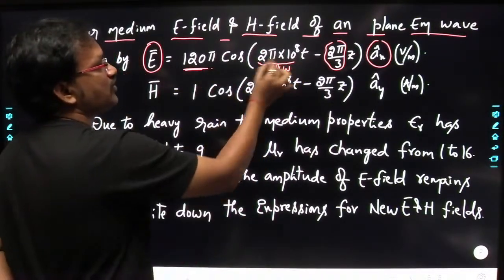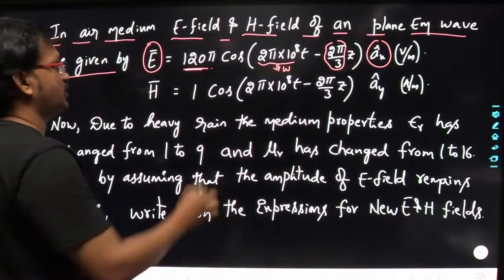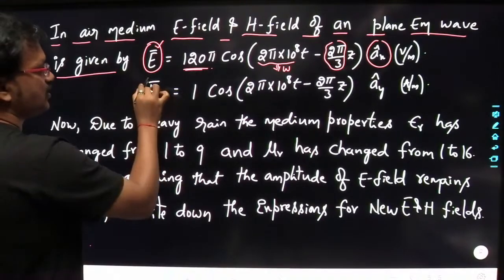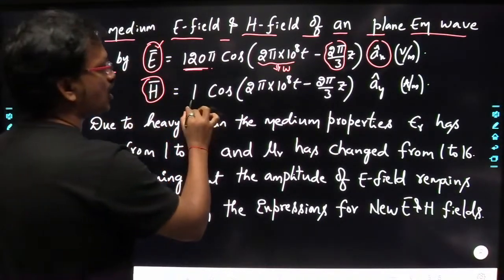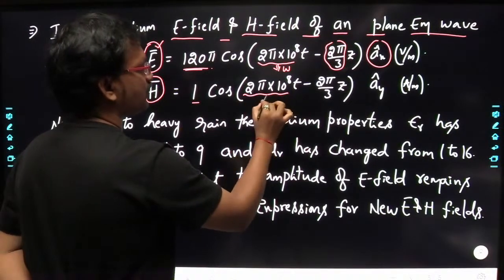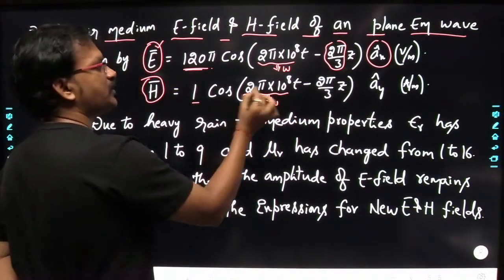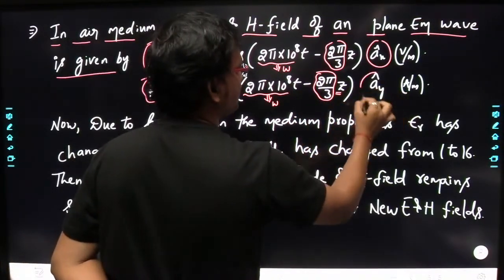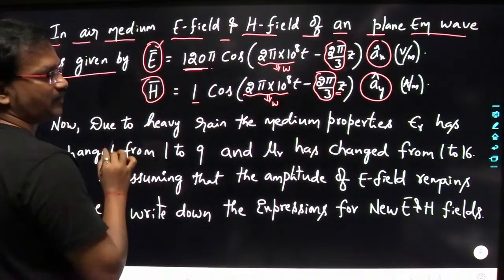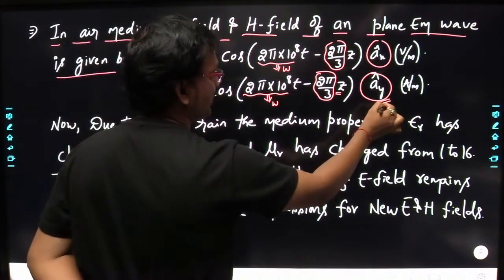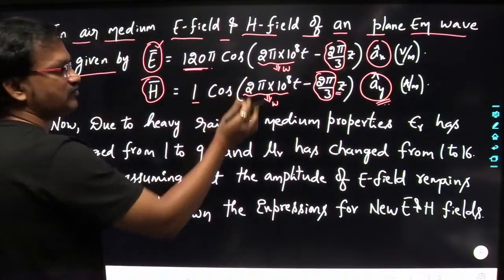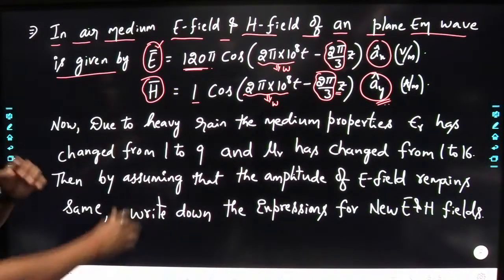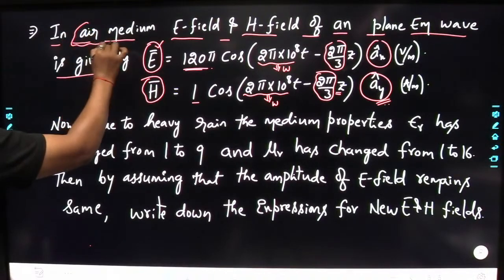And the H field is 1 into cos of 2 pi into 10 to the power of 8 t minus 2 pi by 3 into z ay cap ampere per meter. So the magnetic field is pointing in positive y direction, and the wave is propagating in positive z direction. Understood? These are the fields given in air medium.